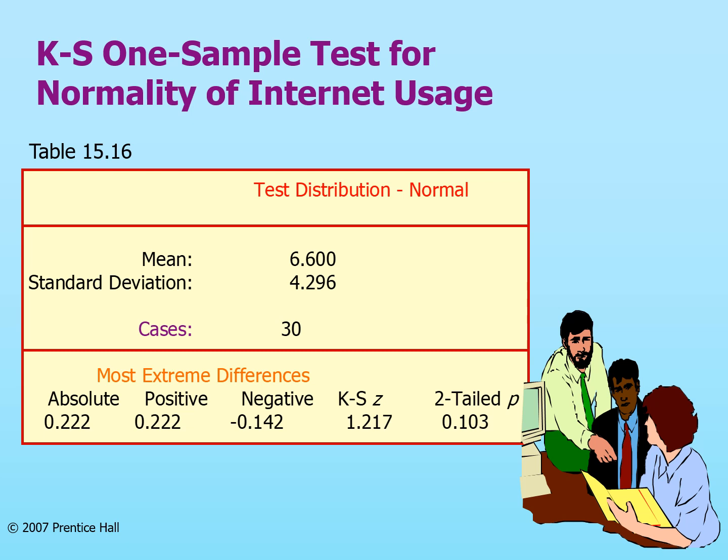Most extreme difference: absolute is 0.20, positive is 0.20, negative is minus 0.142, and the KZ test value is 1.217, and the P value is 0.105.